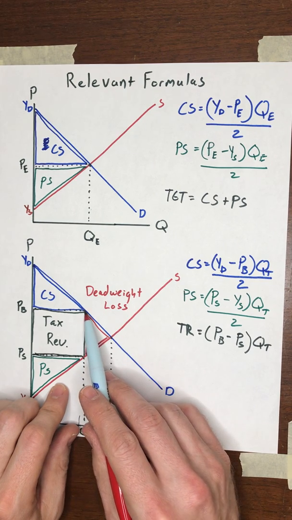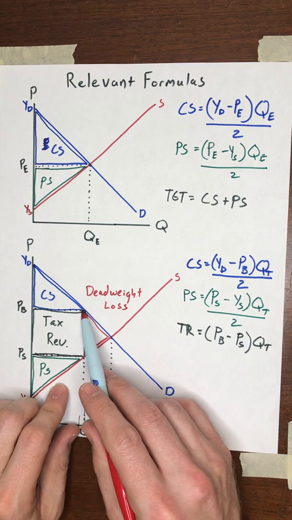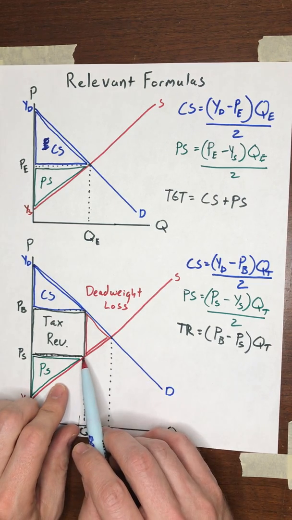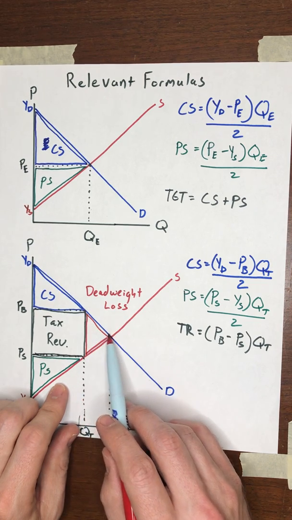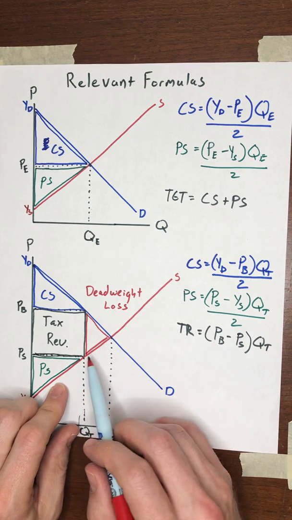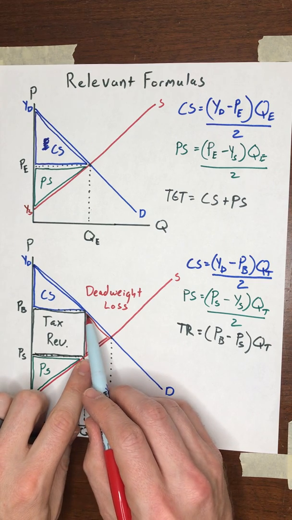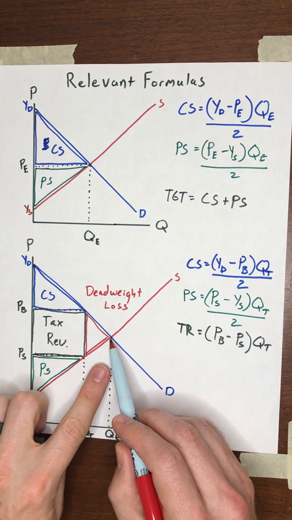Same idea with the buyers. The value to these buyers here is less than the price that they would have to pay to both the seller and the government put together, and so they're not going to willingly purchase those units. But even though the prices are too low for the sellers and too high for the buyers, notice that the buyers would be willing to pay more than what it costs the sellers to produce those units.